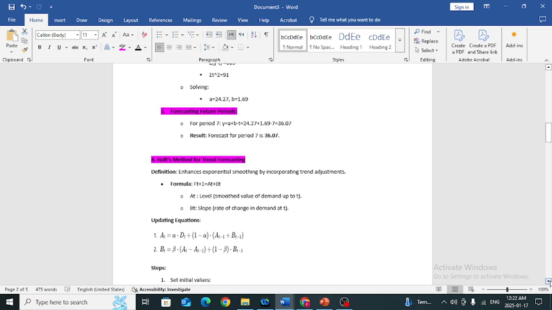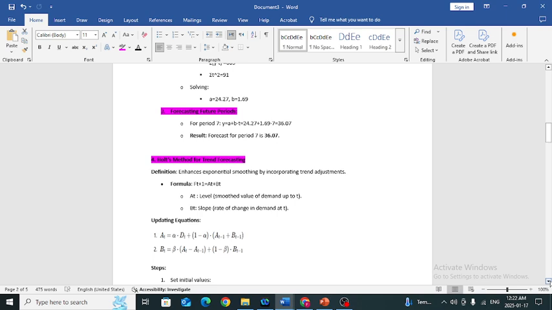If you want to see a trend in some data, you can use the regression model. There are also other models or methods for trend forecasting. This model, Holt's method, enhances exponential smoothing by incorporating trend adjustments.